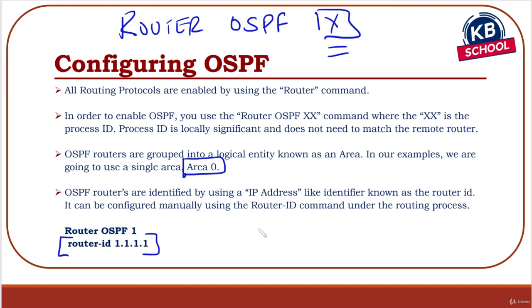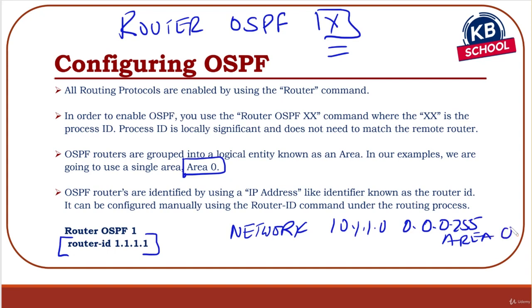And the way you put the router into a particular area is you configure the network statement and put it into the appropriate area over here. So for example, on a router, I would have done 0.0.0.255 followed by the area command that you want to put it into. Here, we don't really want to get into the multi-area concept, so we're just going to do the normal single area with area 0.